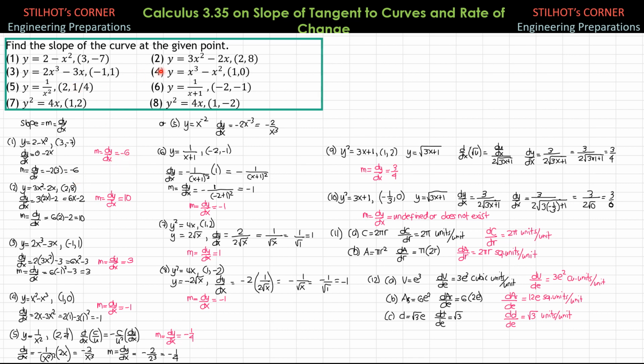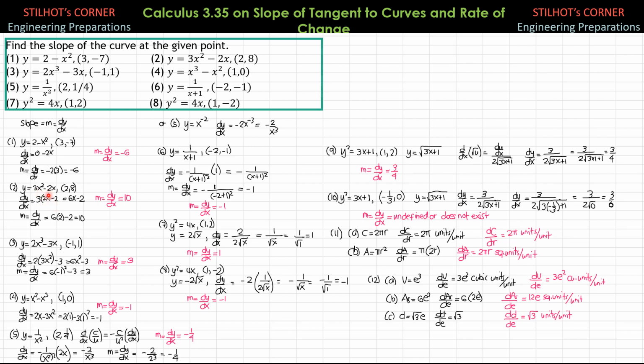For problem 2, y is 3x squared minus 2x, and we find the slope at the point (2, 8). x1 is 2, y1 is 8. So m = dy/dx is equal to 3 times the derivative of x squared, which is 2x.